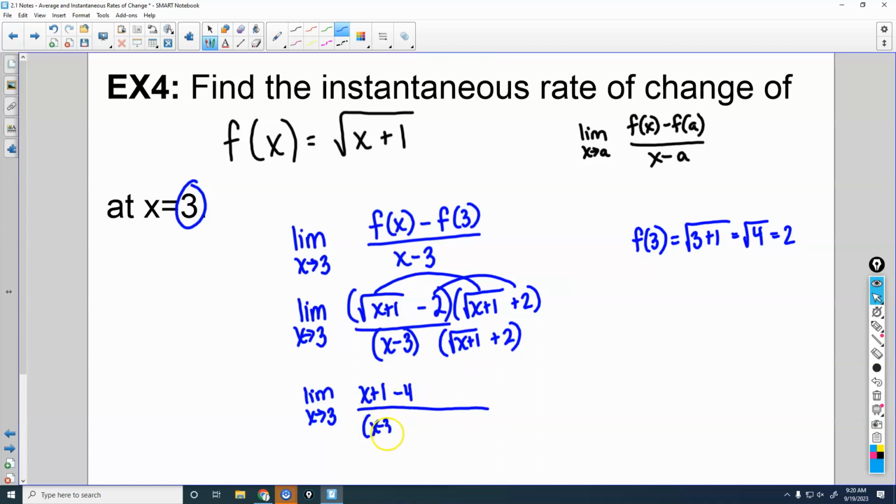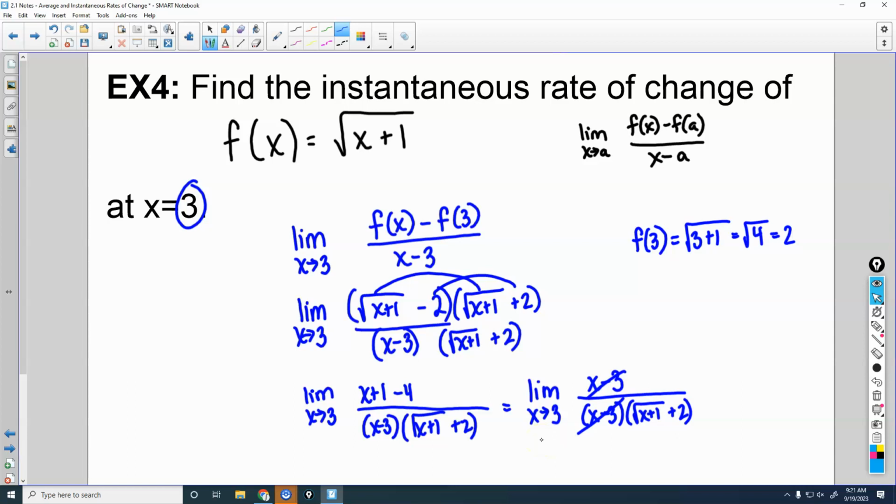We'll have x minus 3 and square root of x plus 1 plus 2 there on the bottom. And then this is going to be x minus 3 over x minus 3 times square root of x plus 1 plus 2. The x minus 3's can now cancel.